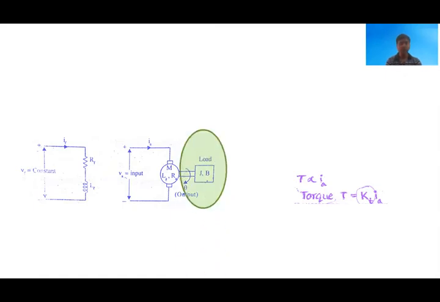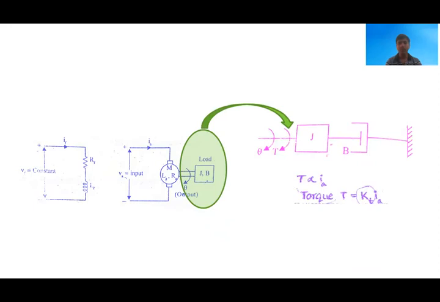If you separate the mechanical part of the motor, we have this model, and if you apply the mathematical expressions on this mechanical system, we have the sum of the opposing torques is equal to the applied torque T. The opposing torques are here due to the moment of inertia J and due to the dashpot.